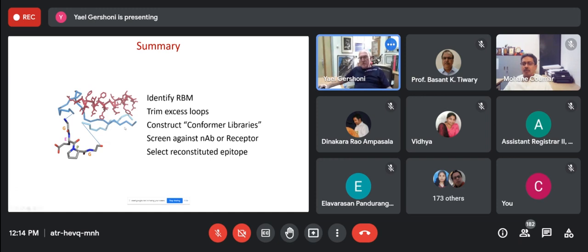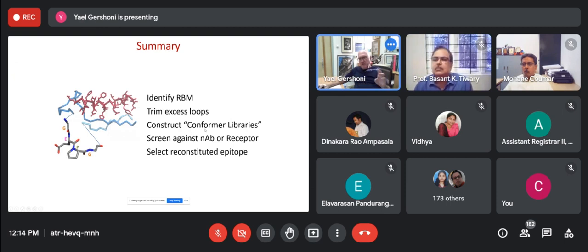Then you want to produce a conformer library, a library of multiple recombinant combinatorial linkers, and then you can screen that phage display library of potential reconstituted receptor binding motifs against neutralizing antibodies or the receptor, and then you can select by fishing out and pulling down those constructs that have, of this vast collection of combinatorial linkers, the correct linkers that enable the reconstituted epitope to form a physiologically relevant structure, which is recognized.